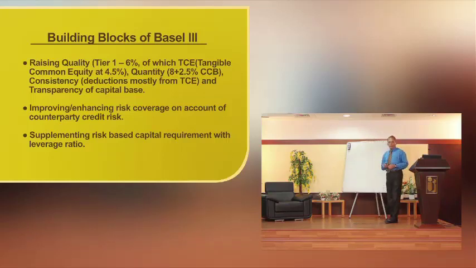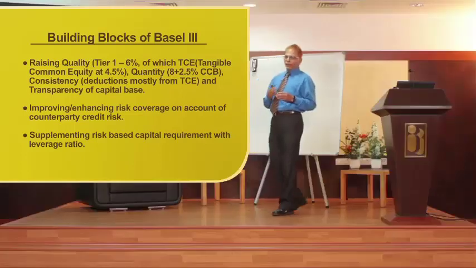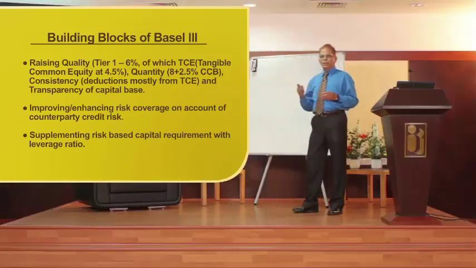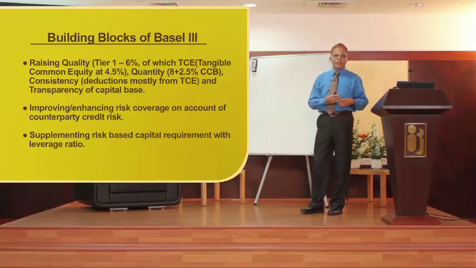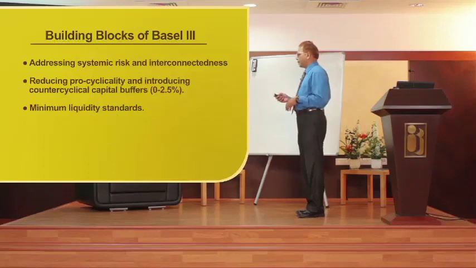And one of the important ratios which Basel 3 has brought in is the leverage ratio, which is basically the Tier 1 capital in the numerator, and in the denominator, without considering risk weights, the gross values of your assets, and also taking the off-balance sheet items and converting them into credit equivalents using credit conversion factors.